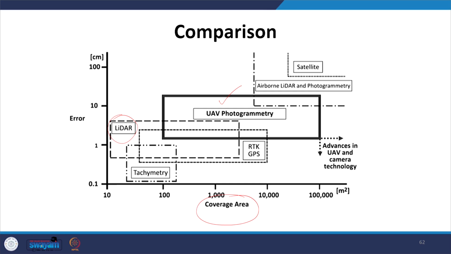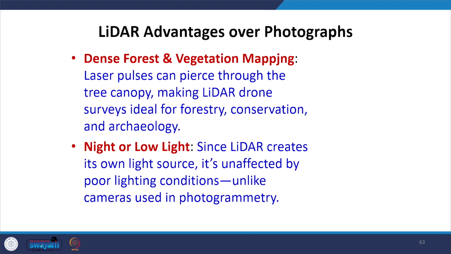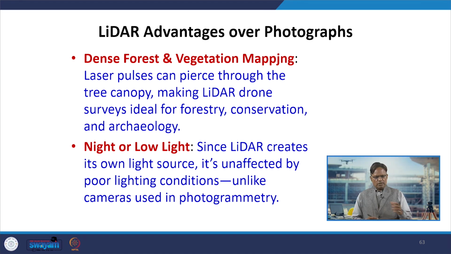The LiDAR data is much more accurate than the photogrammetric data. Another advantage over the photographs is dense forest and vegetation mapping, which is a problem with the photographic data. The LiDAR system can help us to map the tree canopies, and we can use this data for forestry, for conservation and for archaeological purposes.